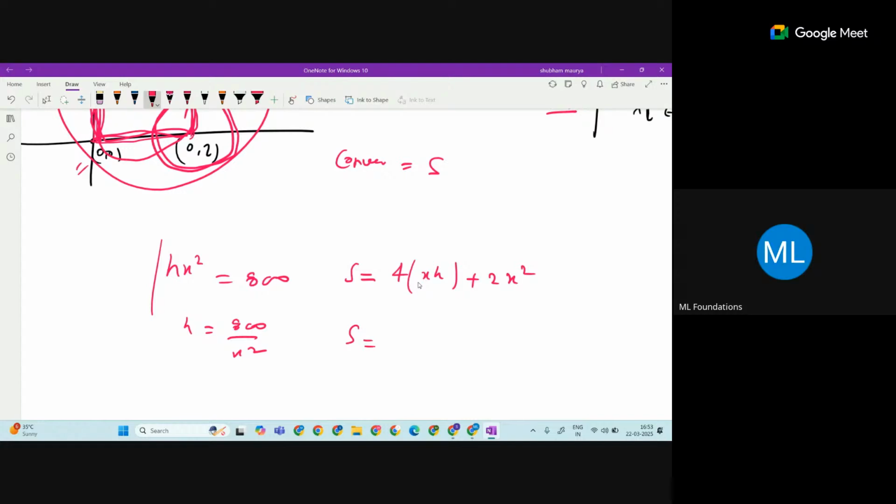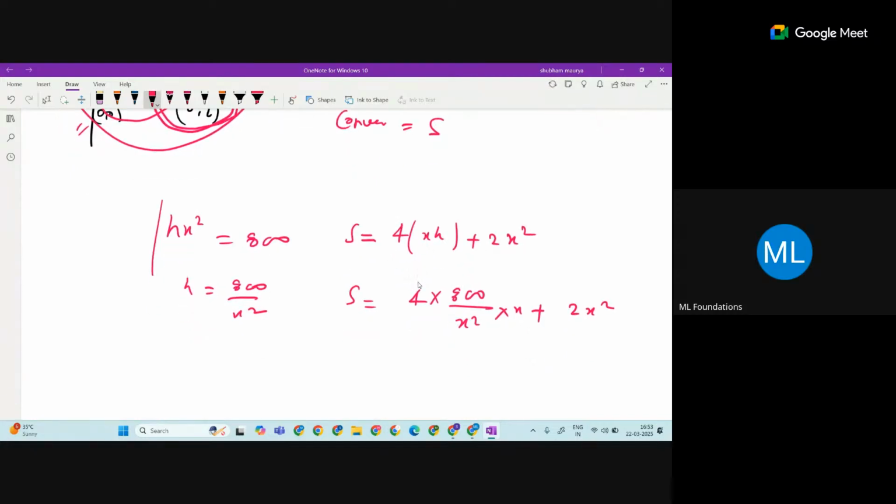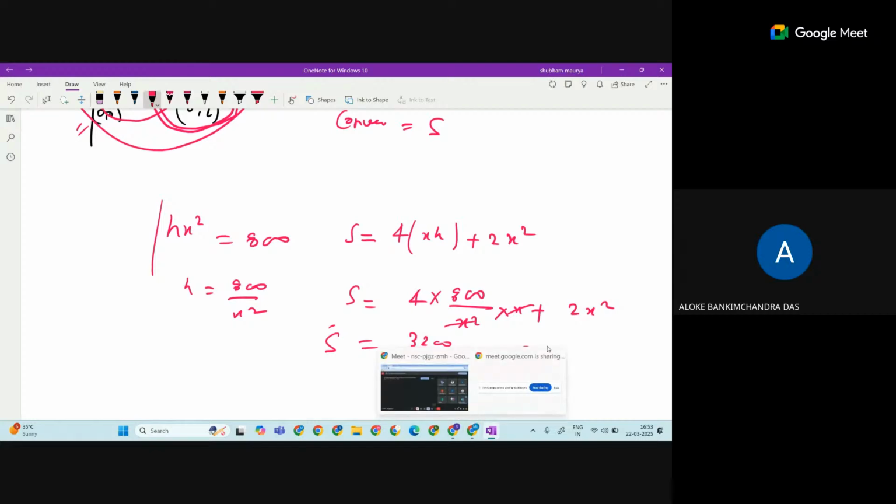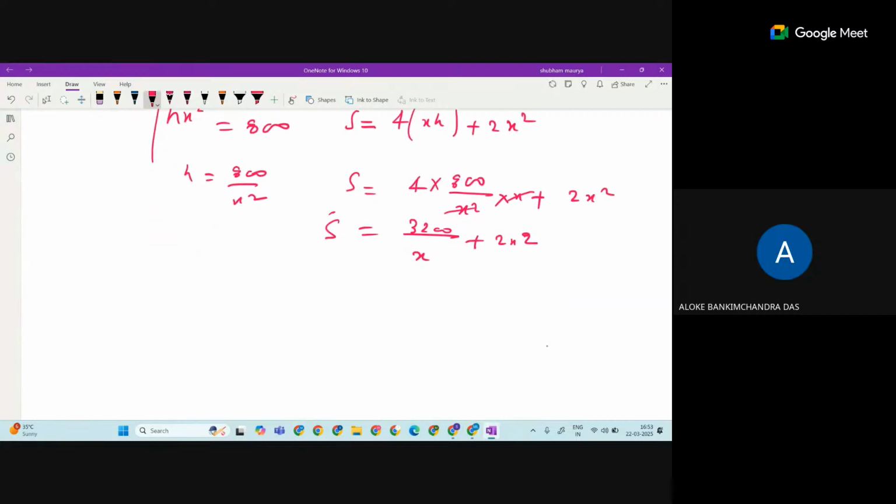So surface area is going to be 4 times 800 by x square into x plus 2x square. Here x and x cancel out, so we finally have 3200 by x. So this is the surface area, plus 2 times x square.